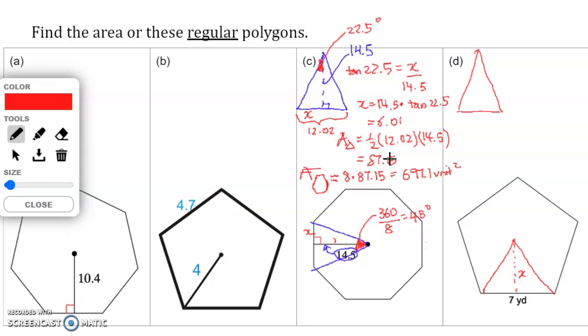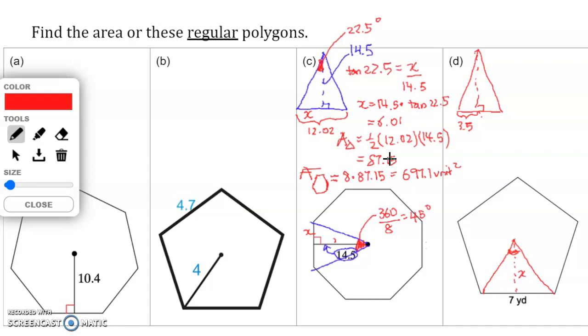It is 5-sided. It's a pentagon. And I know that the bottom is going to be 7, so I know that this is going to be 3.5. What else do we know? We know the central angle. There will be 5 central angles that make up 360 degrees.